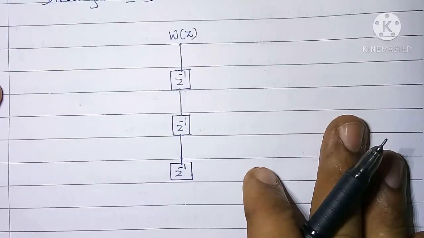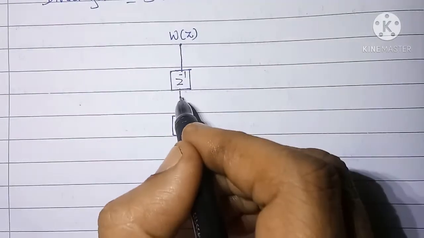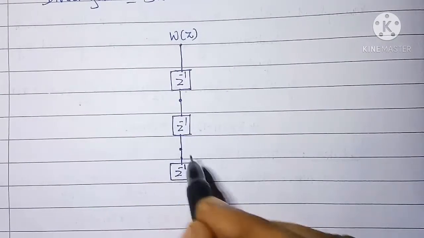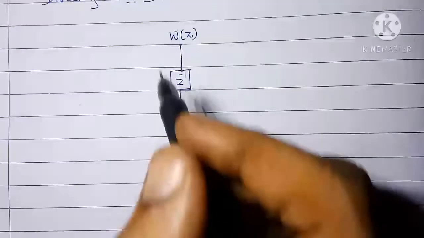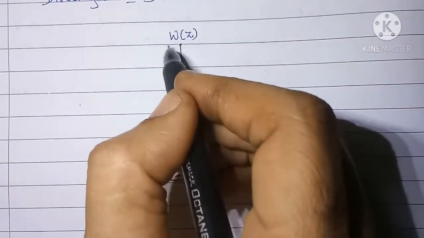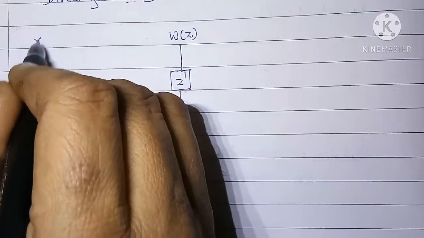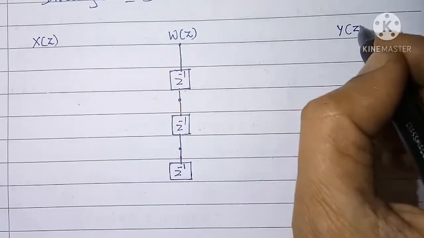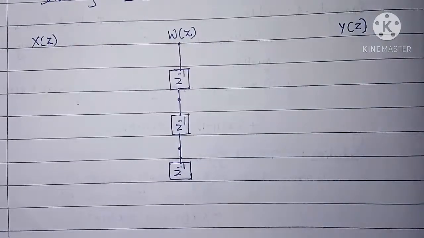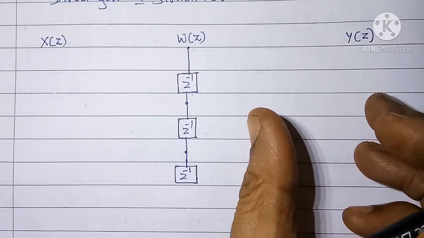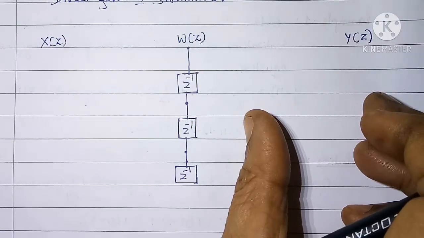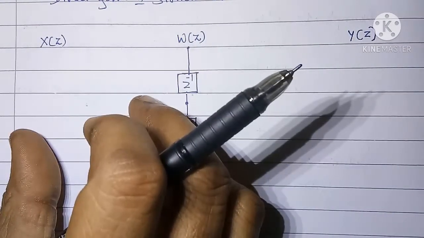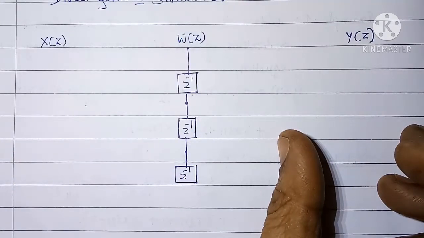Next, you make use of this point as common point, this point as common point if necessary. Here you show x of z, here you show y of z. Now bring from direct form 1 the part on RHS to the LHS and take the part on LHS to the RHS.